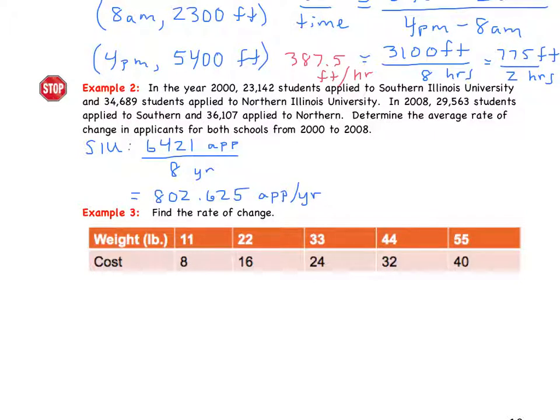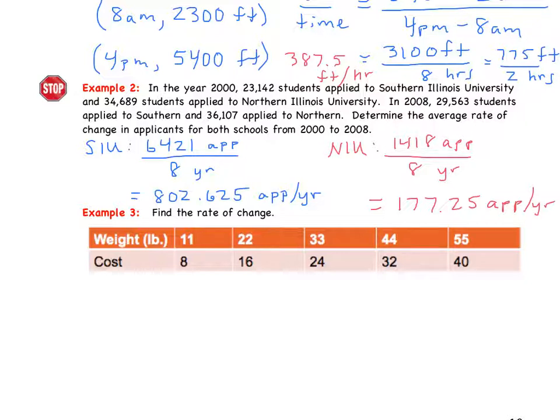For Northern Illinois University, we should have gotten 1,418 applicants over an 8-year span, which comes out to be 177.25 applicants per year. Okay, so if you have any questions with that, make sure you bring those to the table tomorrow.